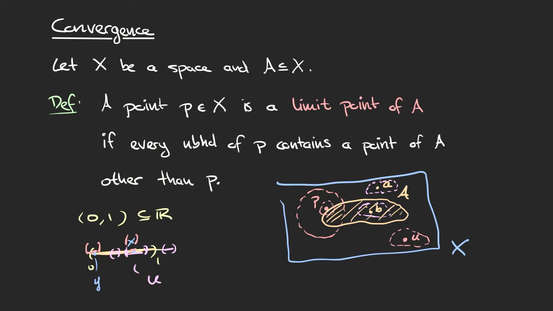However, because the interval (0, 1) is open, there's also going to be a small, let's say, delta interval around the point y, which lies completely within the interval (0, 1). So this would be like a small delta in purple. And this is definitely in (0, 1).